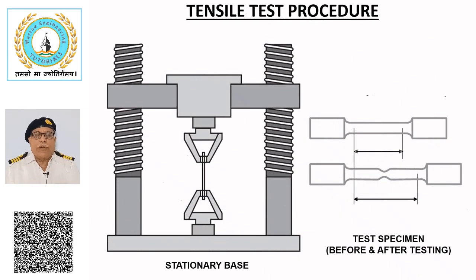Tensile test procedure. This slide shows a tensile testing machine used to find the strength of metal. A specimen of required dimension is prepared and 2 marks are punched specifying the gauge length.